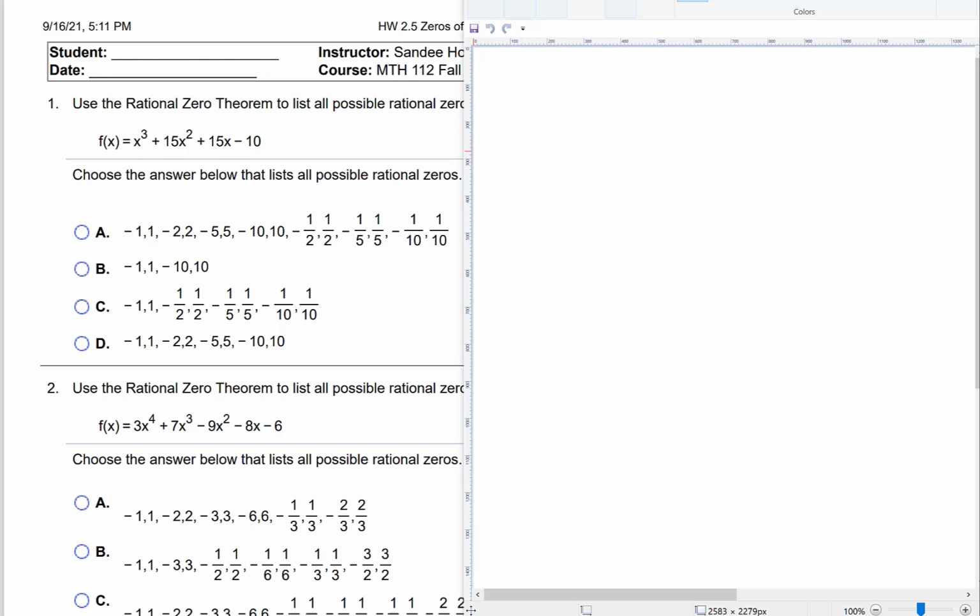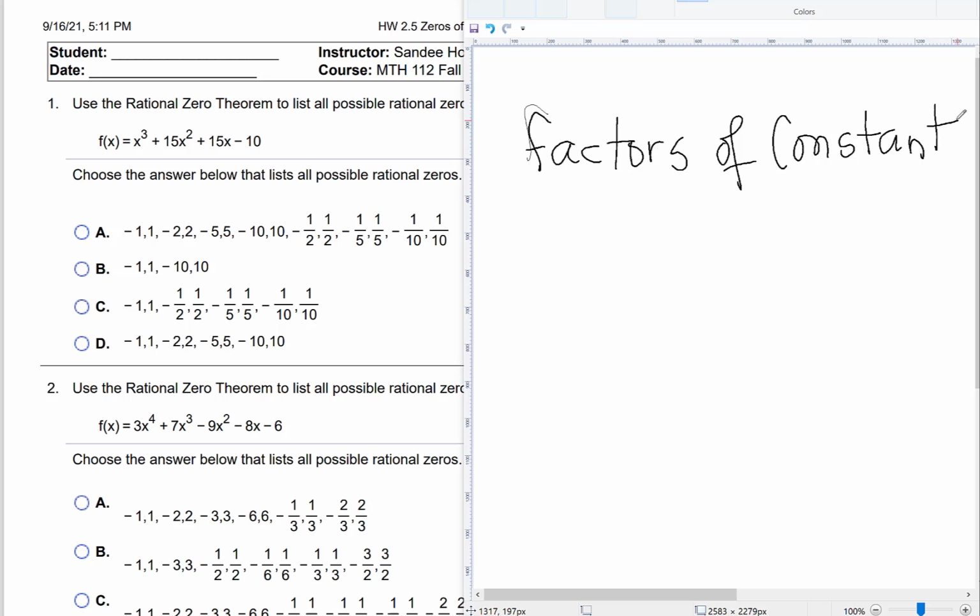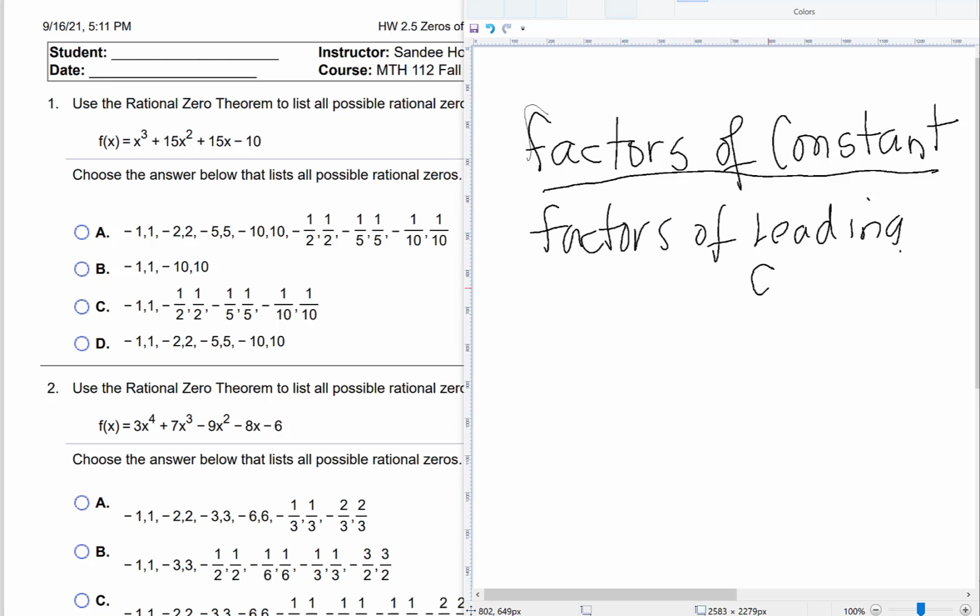So to do this, we have to look at the factors of the constant over the factors of the leading coefficient.